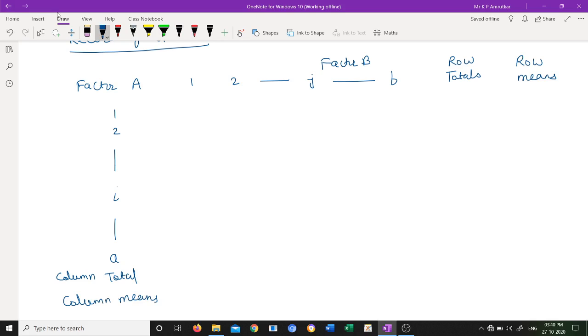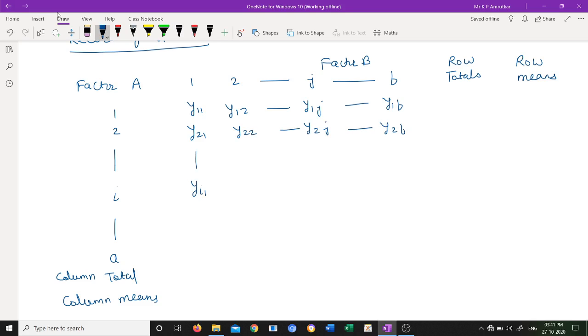This observation of the first level of factor A and the first level of factor B will be denoted by Y11. The observation due to the first level of factor A and the second level of factor B will be denoted by Y12. So this will be Y1j, this is Y1B, this one is Y21, Y22, Y2j, Y2B.